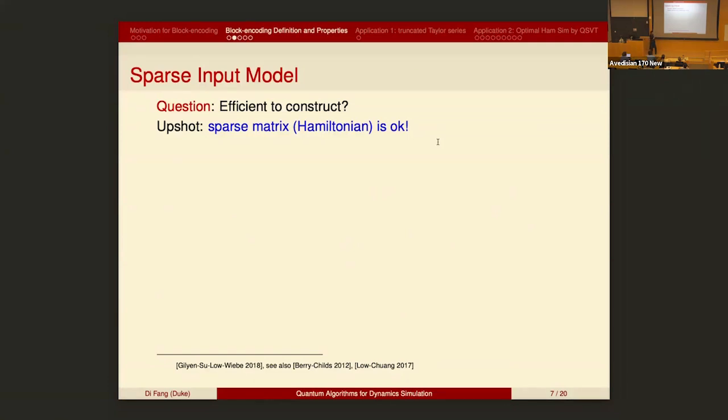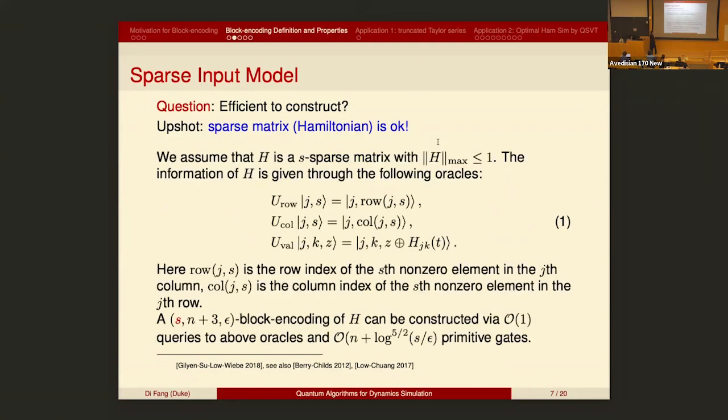If you're not a computer scientist or mathematician working on this all the time, just take away the result. The result is that if you have an s-sparse Hamiltonian, you can always get s as the subnormalization factor with 3 ancilla qubits efficiently, with only this little cost.